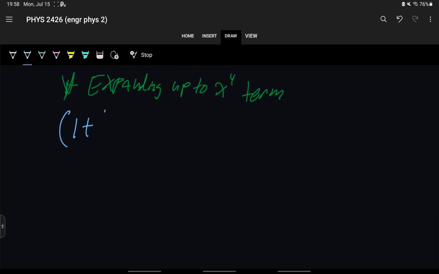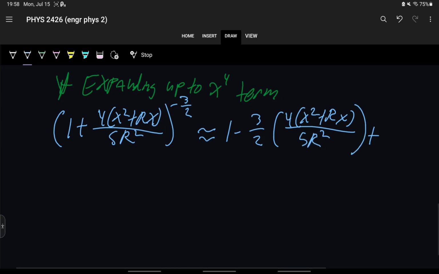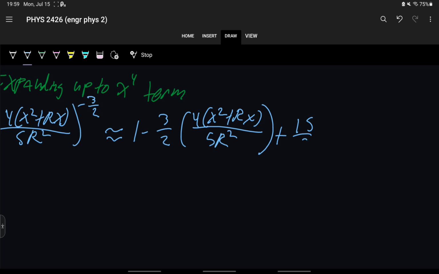So it's going to be 1 plus 4 times x squared plus r times x all divided by 5r squared, to the minus 3 halves, which is similar to 1 minus 3 over 2 times 4 times x squared plus r times x all divided by 5r squared, plus 15 over 8 multiplied by 4 times x squared plus r times x, all divided by 5r squared, all squared.